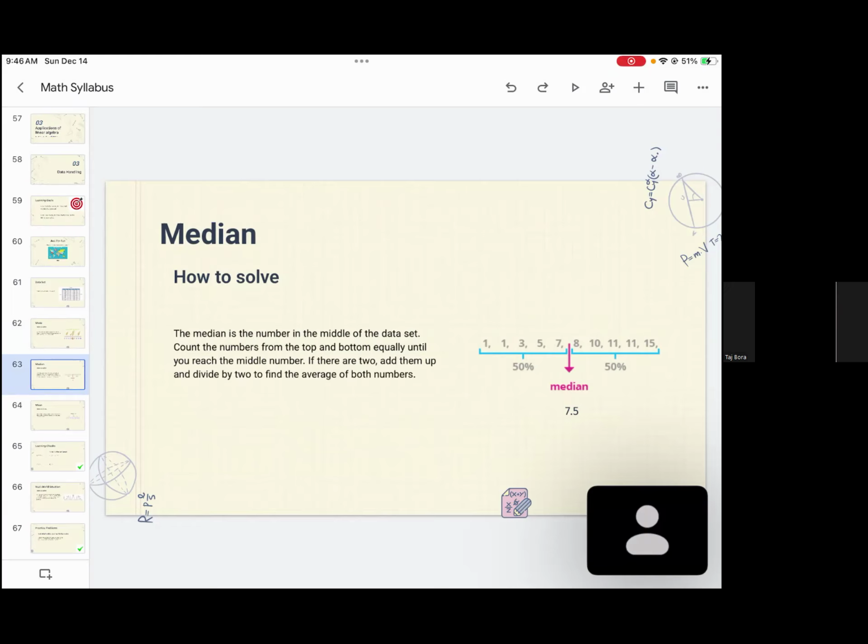Because there is no perfect number in the middle, we take the average of 7 and 8, and that's 7.5. So the only thing to remember is median is middle. And if there is no median, you take the two numbers, add them, and divide by 2. So does median make sense? And shall we move on to mean?